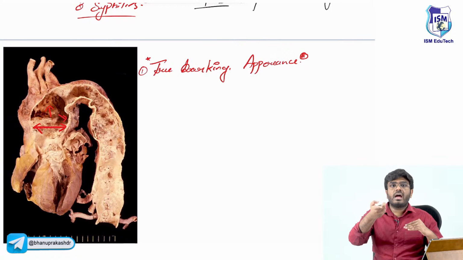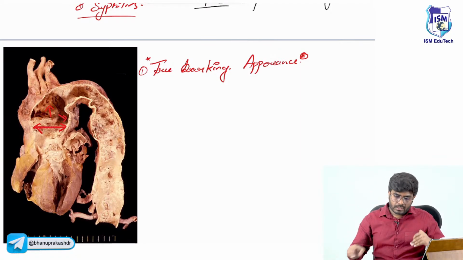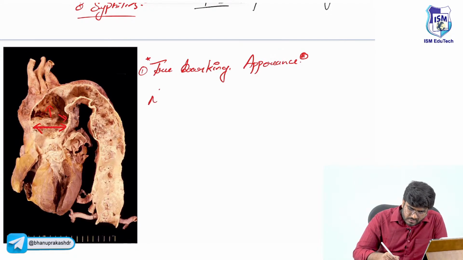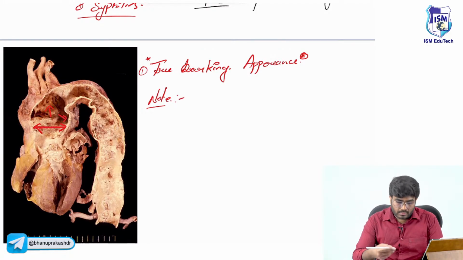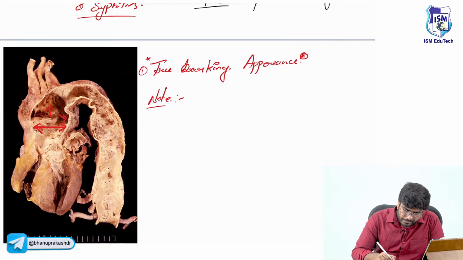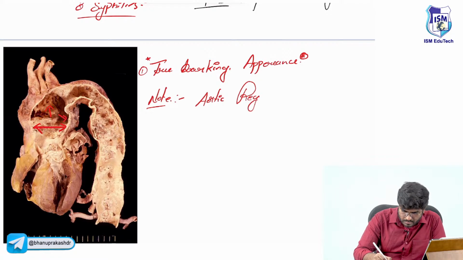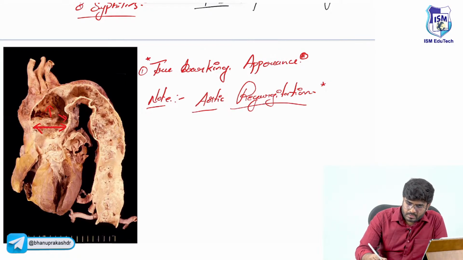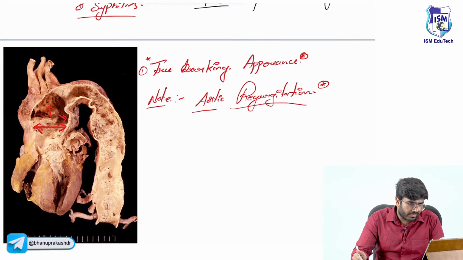Blood will enter into the aorta and again come down, fall back into the left ventricle. So in the aneurysms seen in tertiary syphilis with aortic root dilation, there will be aortic regurgitation. Okay, so blood will fall back again into the left ventricle, sir.